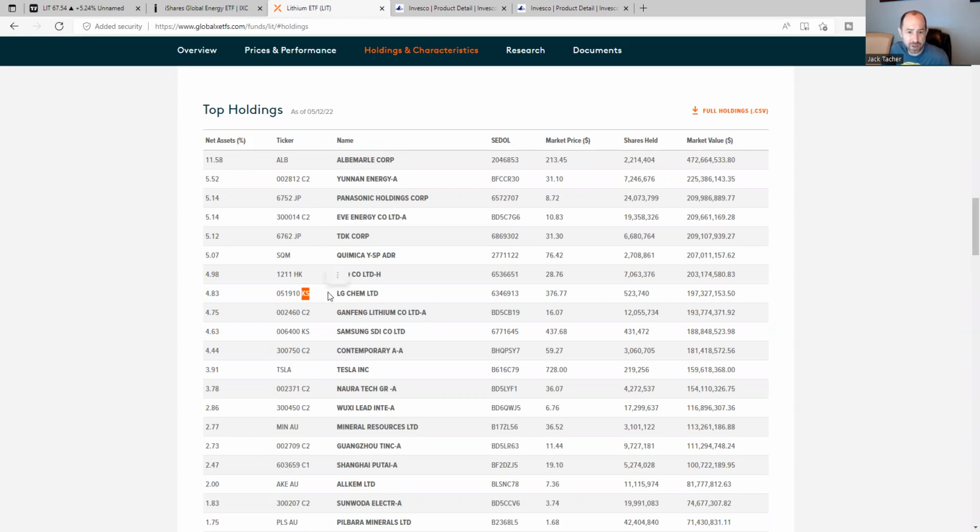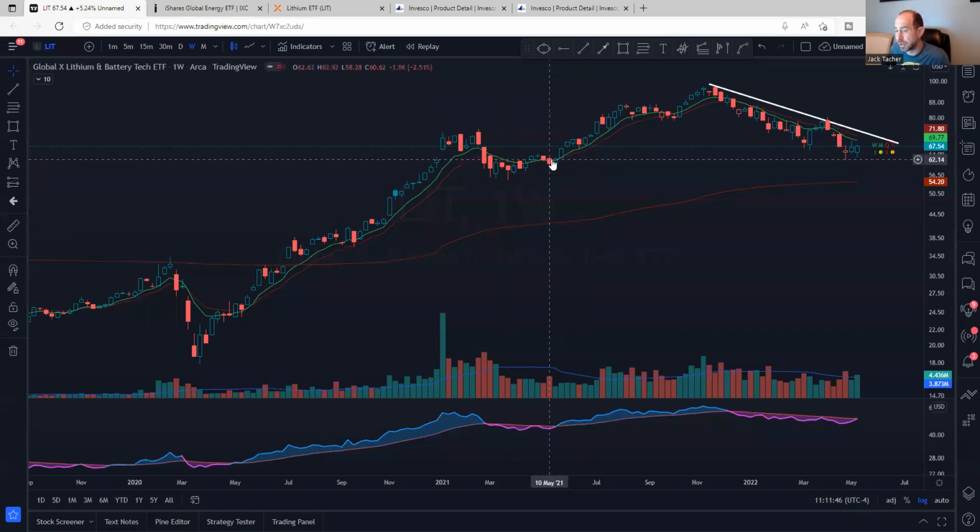So I guess it's South Korea, Hong Kong. So with all that being said, China. C2 is probably China. And yeah, I'm not sure what the difference between C1 and C2, but it looks like China. Anyway, Australia, whatever. So you see in the lithium ETF, a lot of overseas companies make it up.